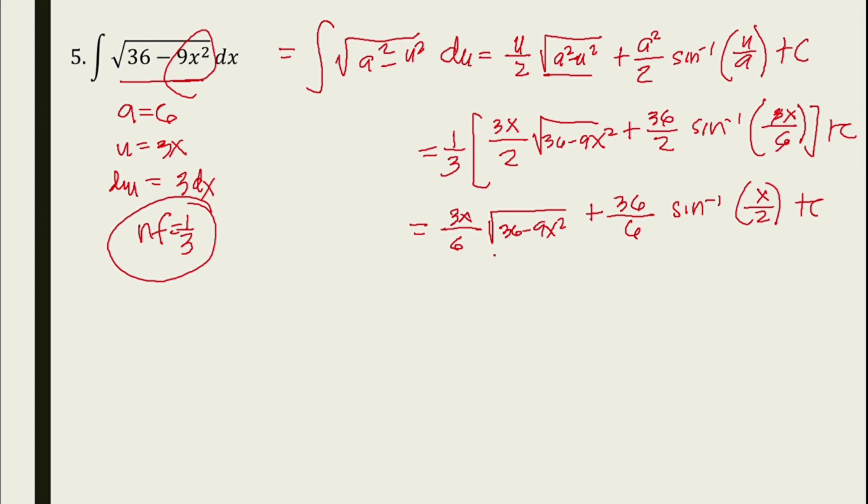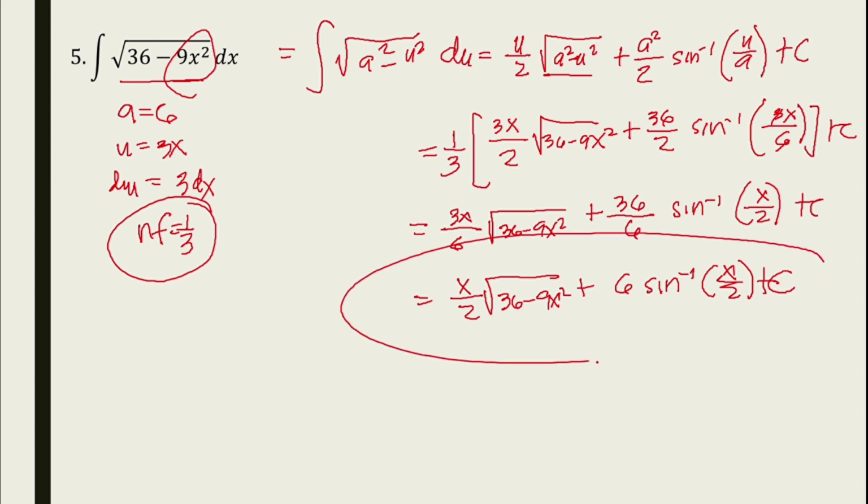So simplify. This is x over 2, the square root of 36 minus 9x squared, plus 6 inverse sine of x over 2 plus c. So this is the final answer.